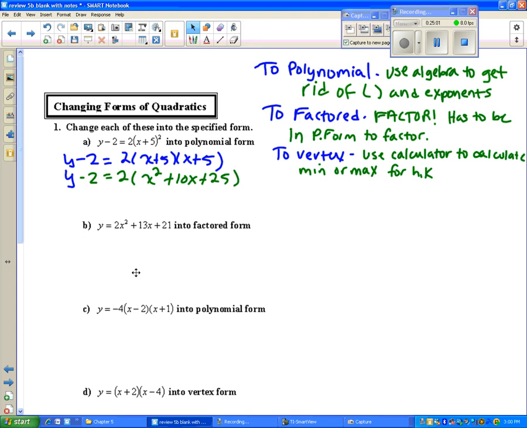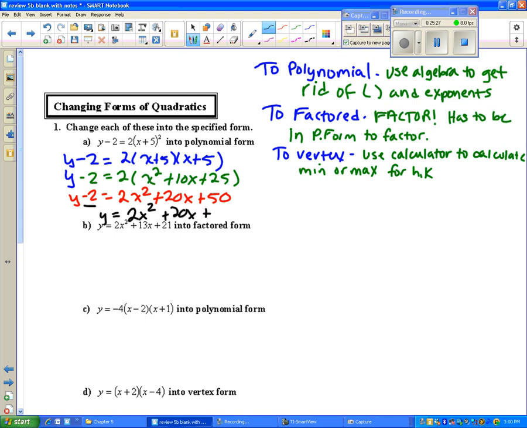Distribute the 2. y minus 2 is equal to 2x squared plus 20x plus 50. Now I'm going to add 2, so I get y is equal to 2x squared plus 20x plus 52. That's in polynomial form. ax squared plus bx plus c.